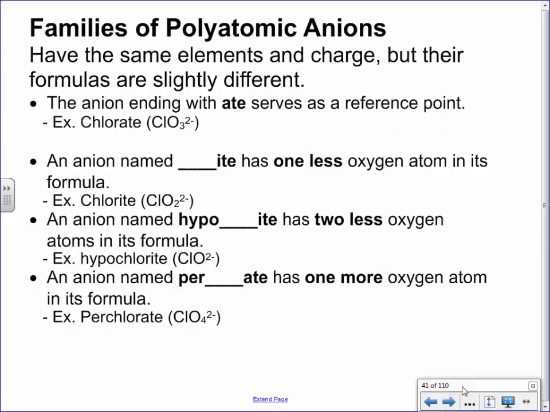This one talks about the polyatomic families. All those polyatomics in the top little box there, technically they are bonded to each other molecularly, and then they will bond to something else ionically.